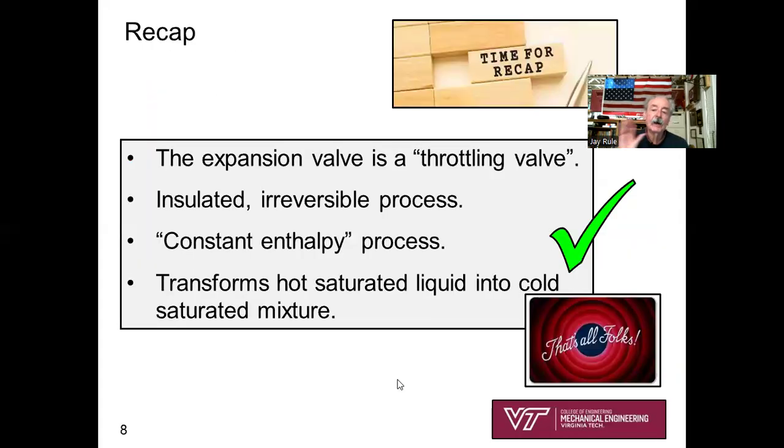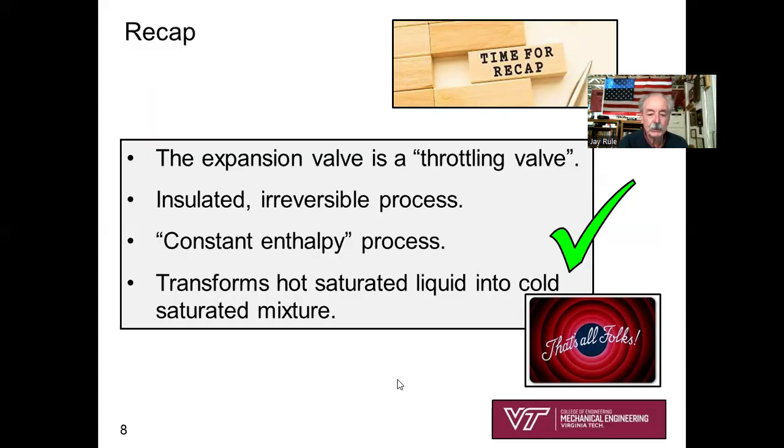Pretty cool. Okay, a recap. Recap is that the expansion valve is a throttling valve, similar to a plain old valve. It's an insulated, very irreversible process because we're not getting any work out. A lot of people, then, practicing engineers, will call it a constant enthalpy process.